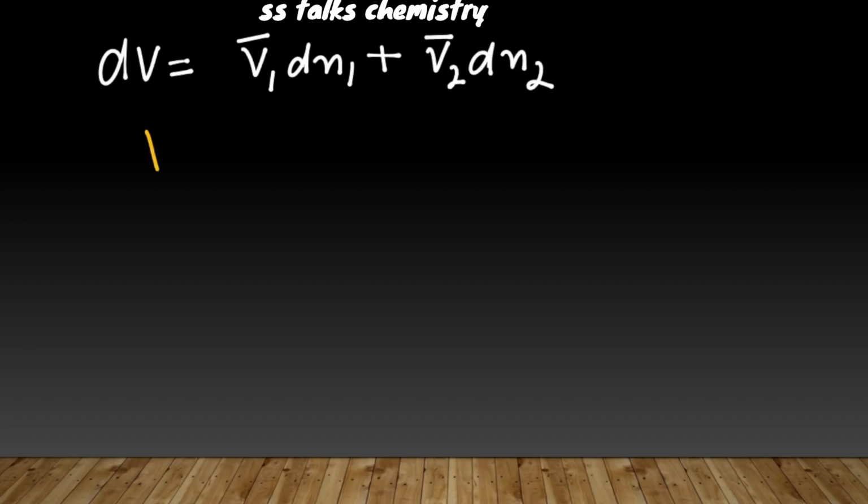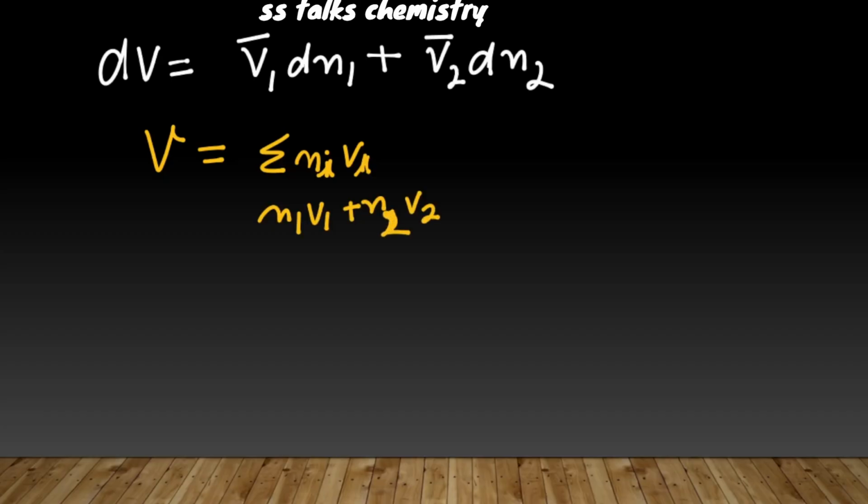Now we know that volume V is the summation of Ni into the molar volume of the ith component. Here there are only two components, so this is going to be N1 V1 plus N2 V2.